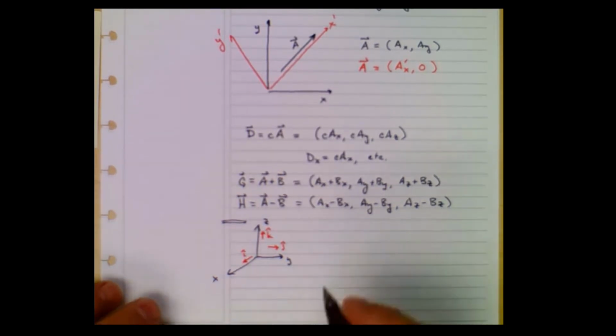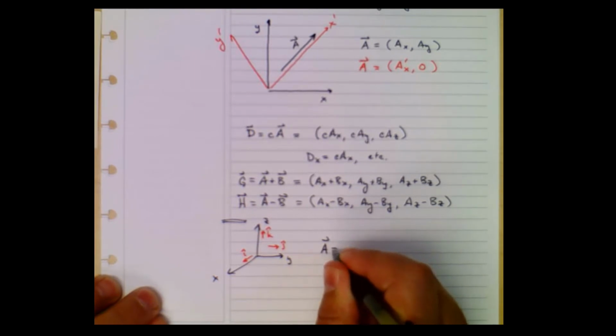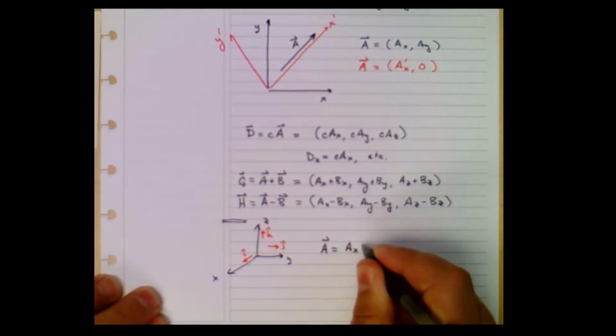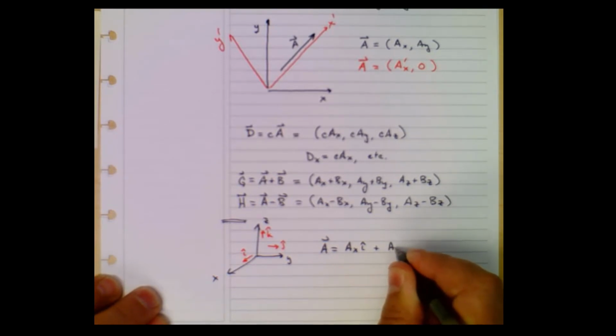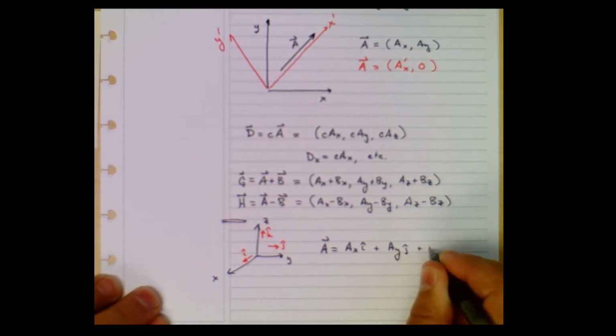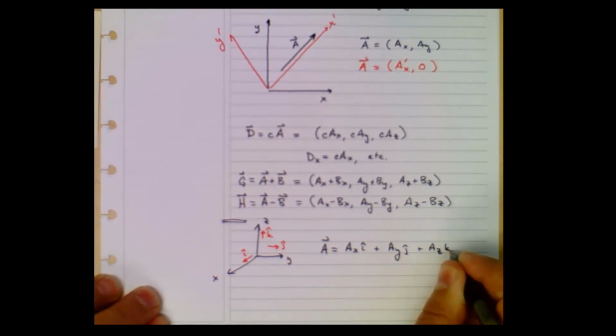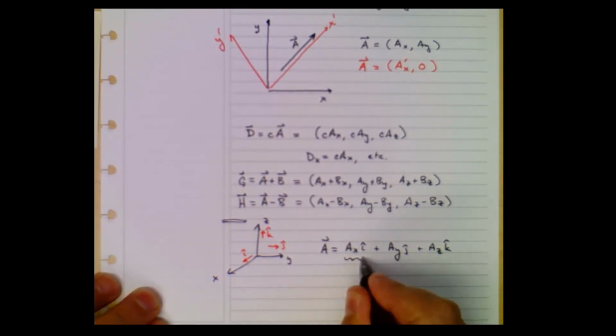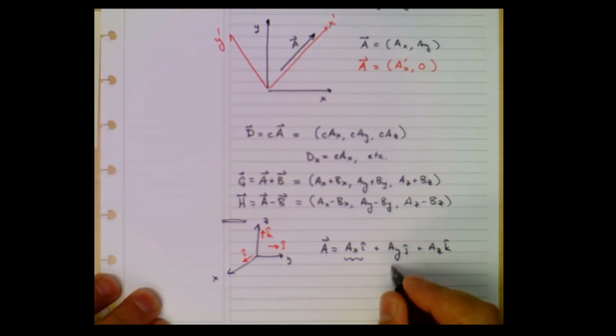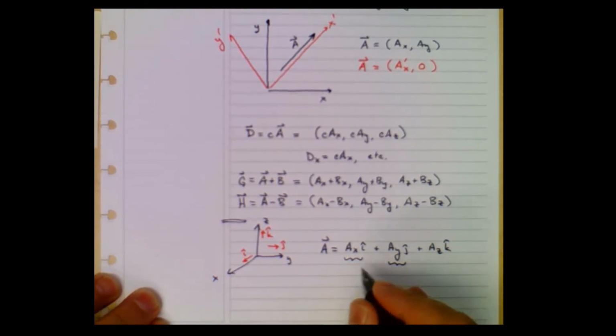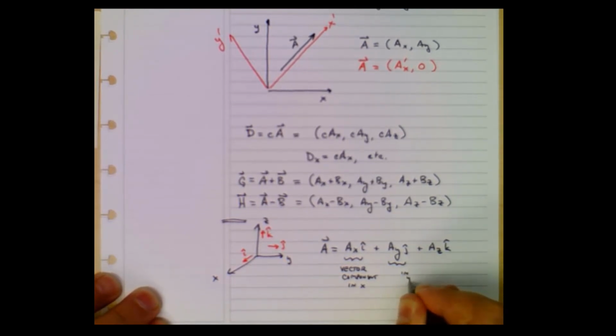Now, if this is done, then vector A is represented as a sub x times I hat plus a sub y times j hat plus a sub z times k hat. So this little guy is the component of A as a vector. So this is the vector component in x direction, in y, in z.